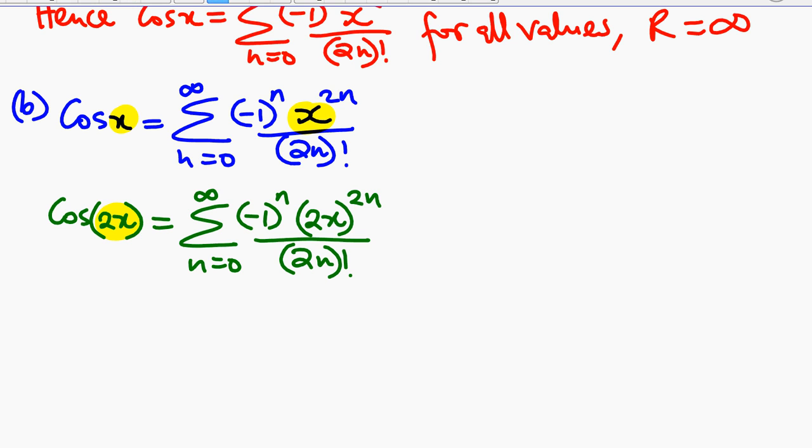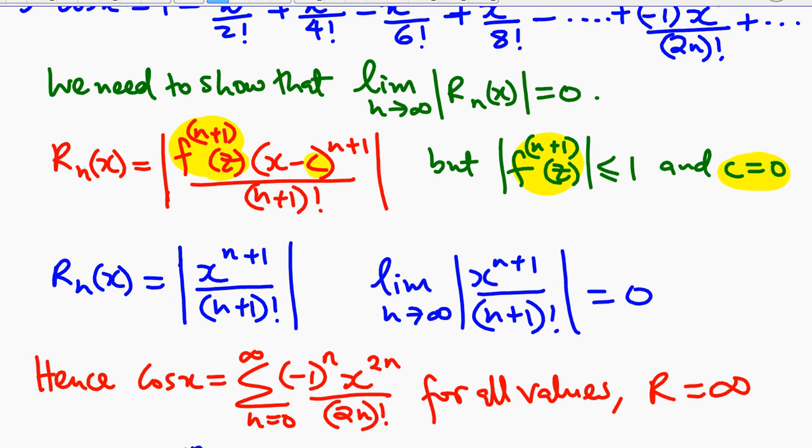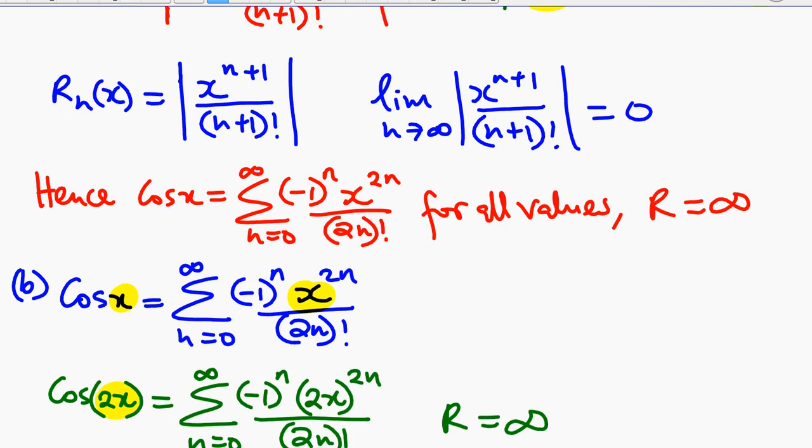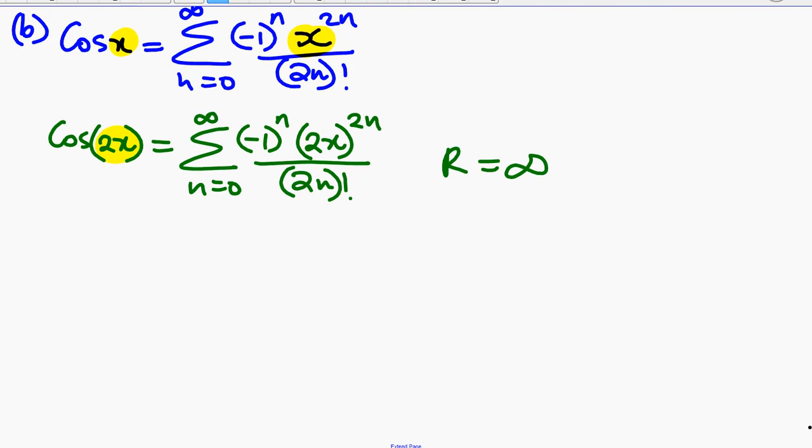And the radius of convergence will still be the same, infinite. I believe that's what the question is asking. So this is part B1.